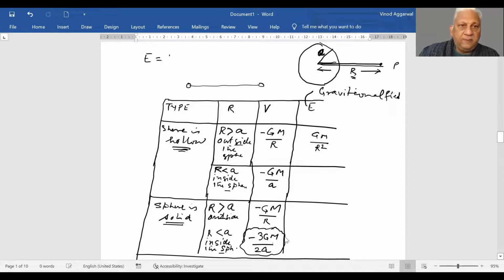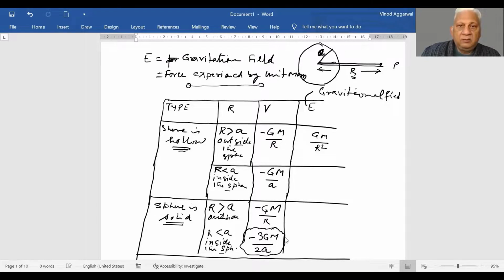E is nothing but, this is actually gravitational field. And what is gravitational field? It is the force experienced by unit mass. So we are not multiplying it with m because we are talking about unit mass. Otherwise, the formula is same as before. Okay.